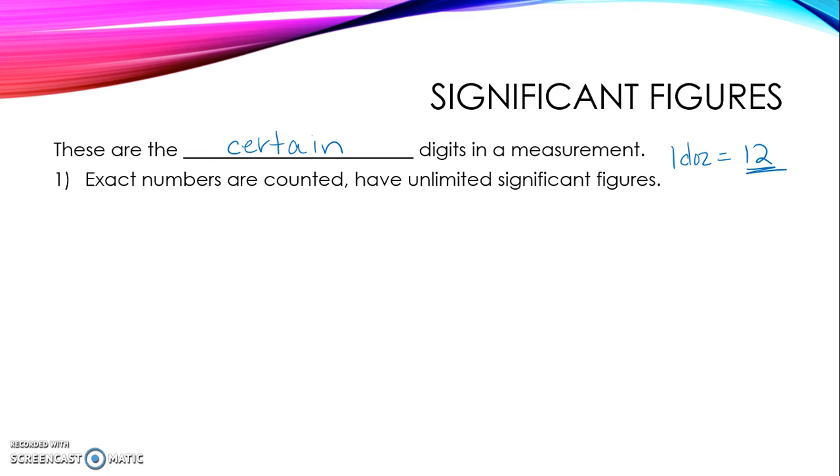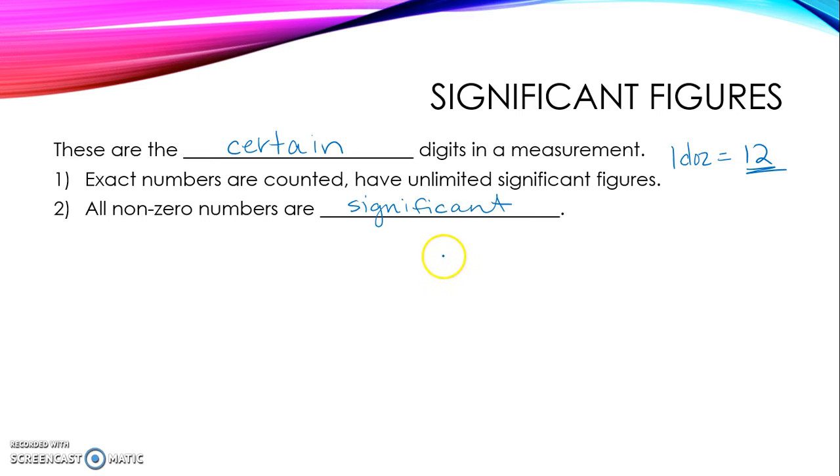So anytime it's a counted thing. If I counted up 26 students, that would be an exact number. If there are exactly 1,940 students in the school, that's an exact number. All right. All non-zero numbers are going to be significant.